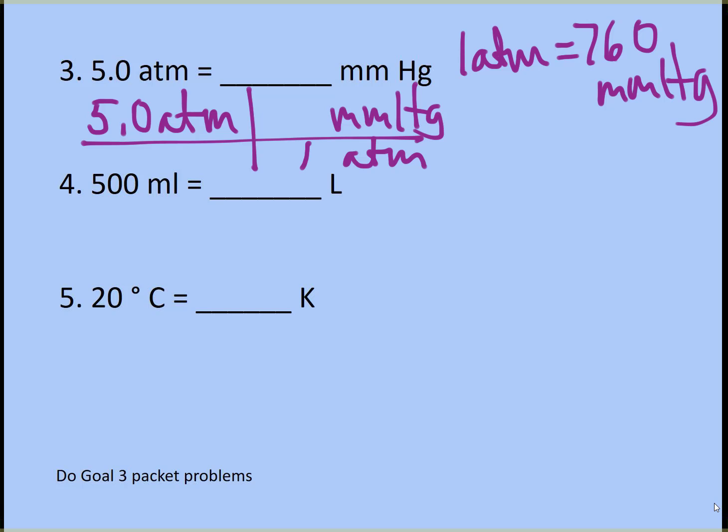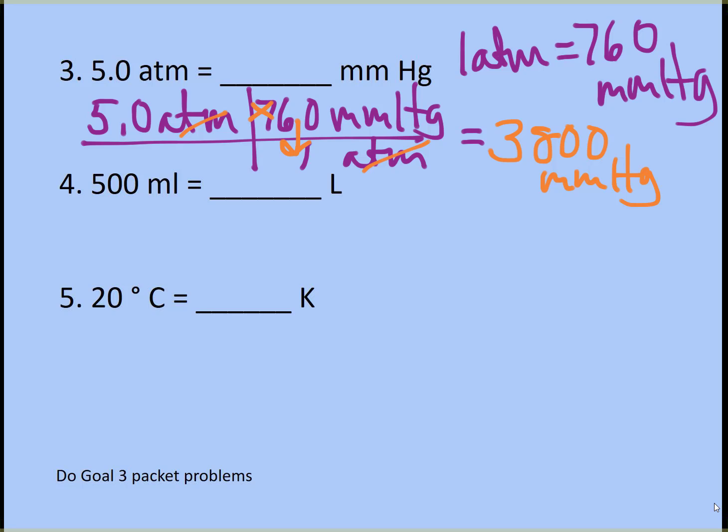I know that 1 atmosphere equals 760 millimeters of mercury. Then to do my math, I just multiply these and then divide by 1, like what we did before. On this one, we get our answer as 3,800, and atmospheres cancels, so I get millimeters of mercury.